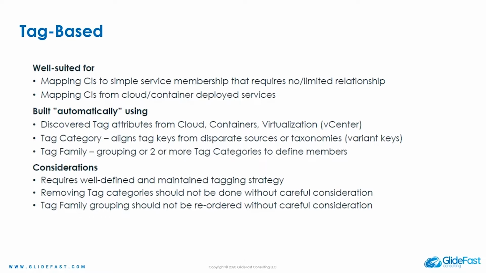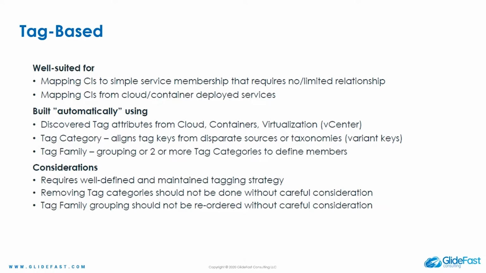They both mean the same thing, but you have 2 tags with different values. So for category, you group that. Oh, sorry, that's within the family, where you can group multiple categories. Removing tag categories should not be done without careful consideration. This is an automatic process where you set up the category, you set up the family, and then it generates the maps. From that generated or suggested maps list, you select the ones that you want.